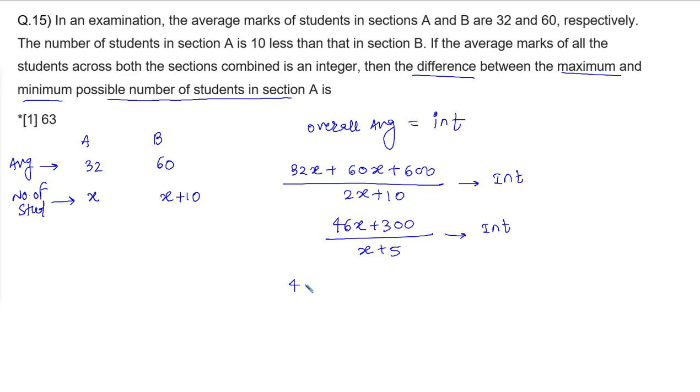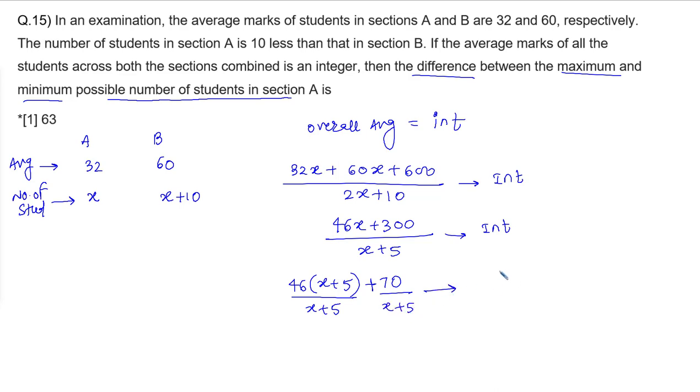So in the numerator we can write 46 into x plus 5. So over here 46x is fine. 46 into 5 is equal to 230, and we want 300, so we need to add 70 over here. So now it is 46x plus 300, how 300? 46 into 5 is 230 plus 70, divided by x plus 5.